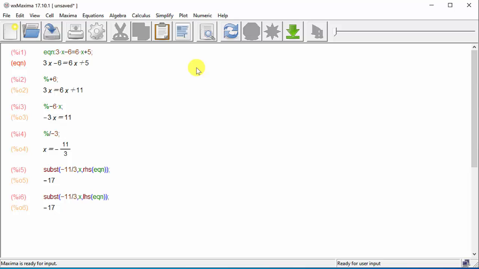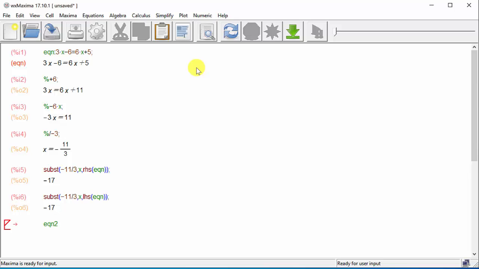All right, now what if we want to solve the equation natural log x equal sine x. Okay, so let's go ahead and define our equation.